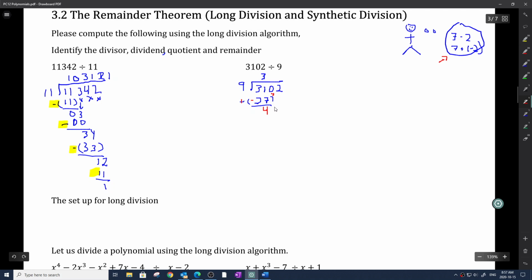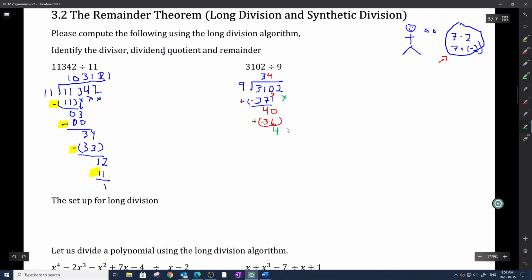Now I know that you're probably wondering why I'm doing this, but it's to prepare us for polynomial division. 9 goes into 40, 4 times 9 is 36. I subtract it. By the way, I'm terrible at subtracting, so what I'm going to do is add the negative. So 40 plus negative 36 is 4.